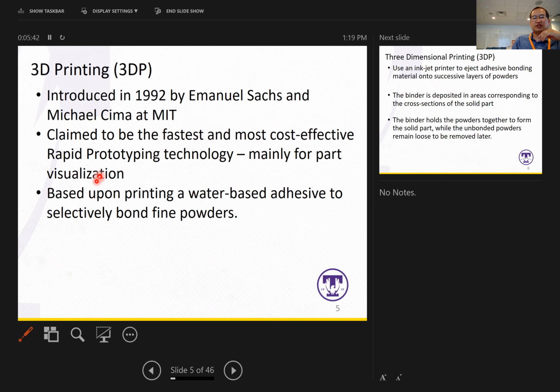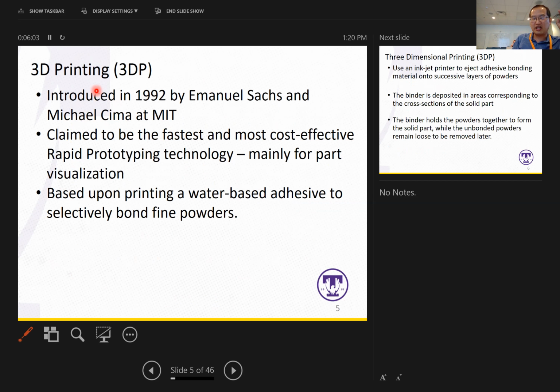Actually, most of these approaches are based on the so-called 3D printing. 3D printing here is not the one we are used to. Right now we use 3D printing as the general name for all additive manufacturing processes.